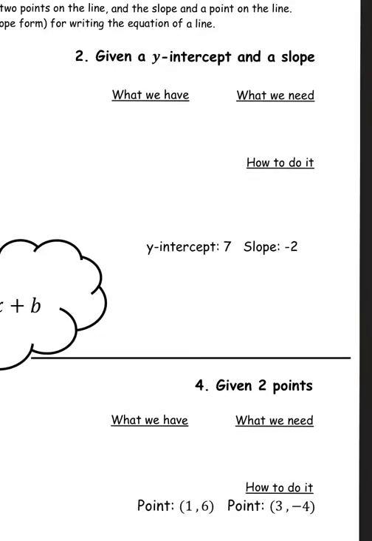All right. For our next example, again, we're going to look at what we have. Here, we're given the y-intercept. We're given that b is equal to 7, and we have that m is equal to -2. What do we need? In this situation, we don't need anything. We just need to write it in slope-intercept form.